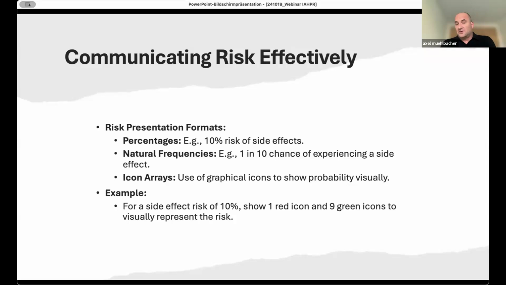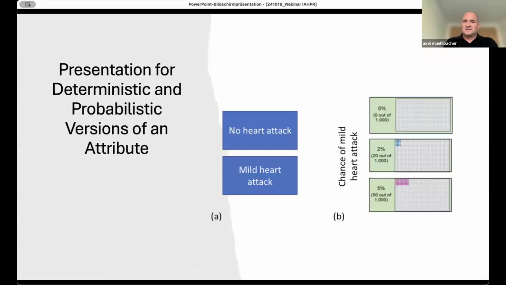And we also put in the text referring to 1 out of 10 patients would experience this specific side effect. So these are the different possibilities, and there's a large literature and many books written on how to present this.